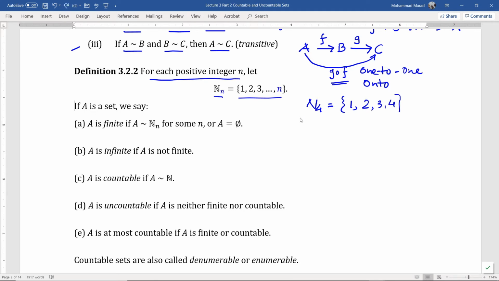A. If A is a set, we say A is finite if A is equivalent to N sub n for some n, or if A is the empty set. B. We say A is infinite if A is not finite.